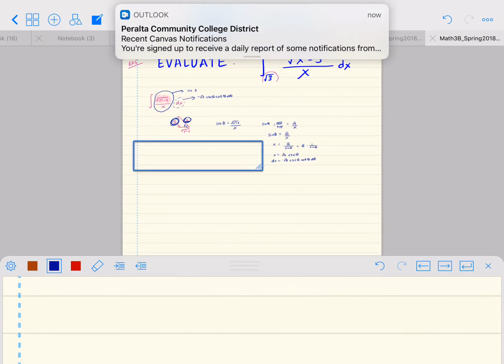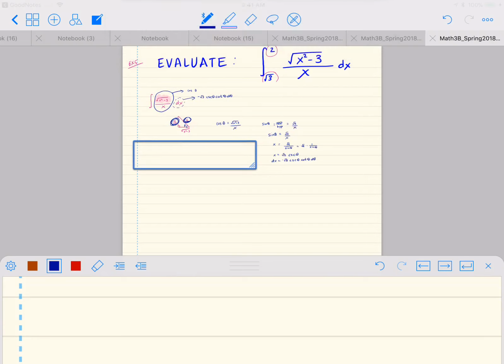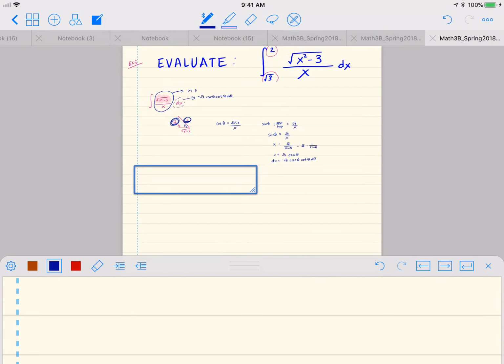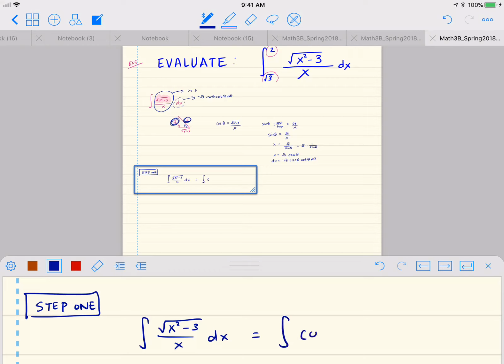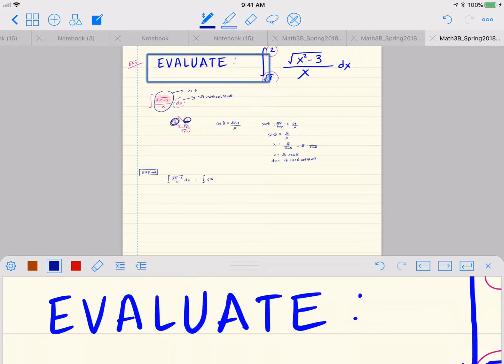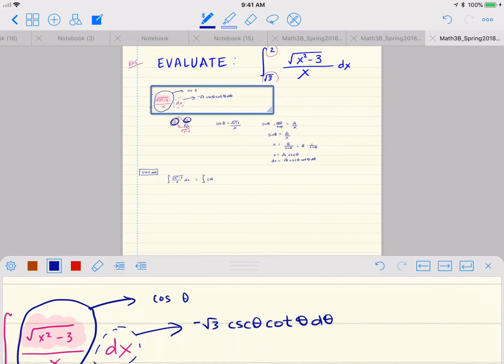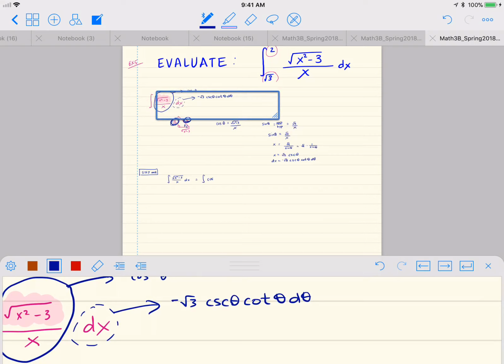Putting it all together for my step 1, the integral of the square root of x squared minus 3 over x dx is equal to the integral of cosine theta times this negative root 3.